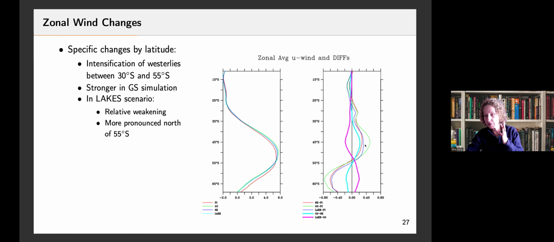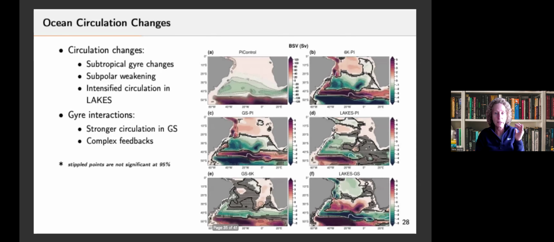So the differences show all of them with intensification and somewhat a relative weakening of the lakes relative to PI, but all of them show that we have these stronger westerlies, which is what drives a lot of the South Atlantic circulation.